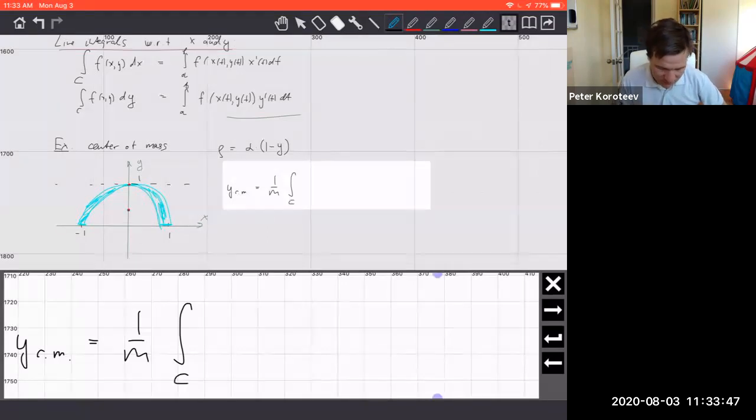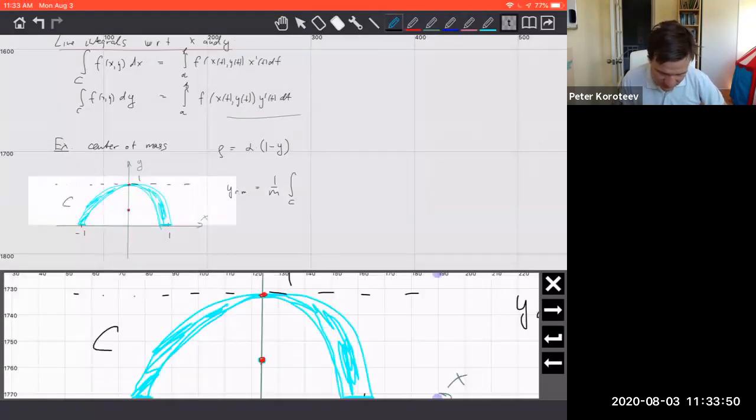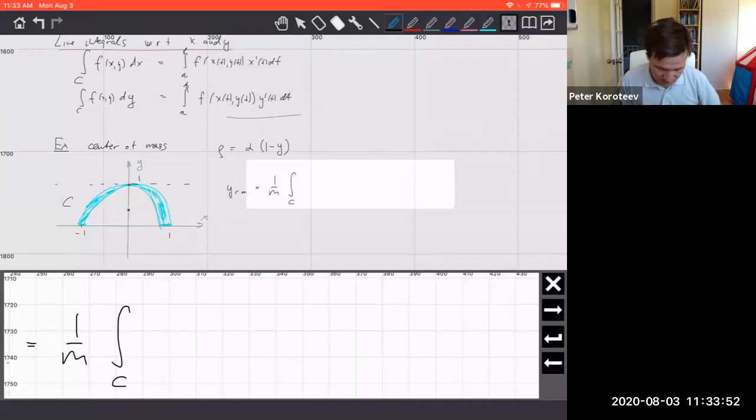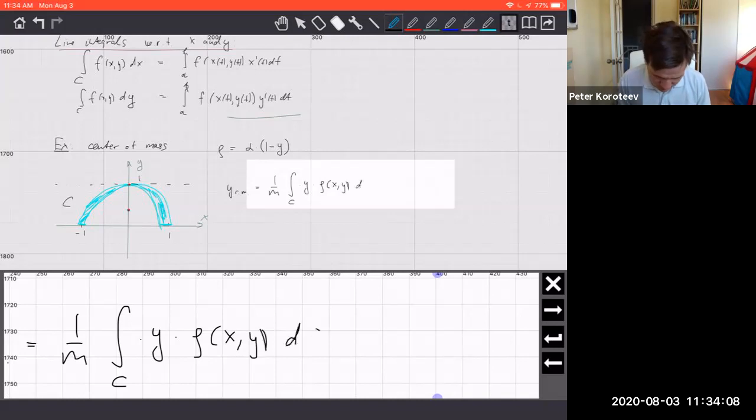So we integrate over this curve, let's call it C, which is the semicircle we saw before, of y multiplied by rho of y. Technically it's rho of x and y, but it does not depend on x. ds.